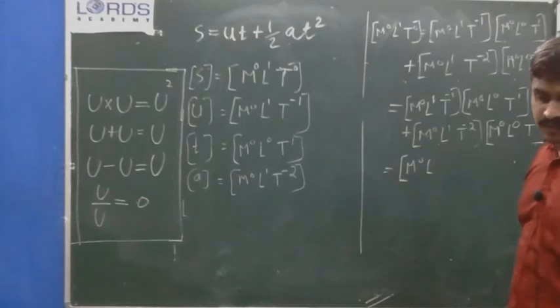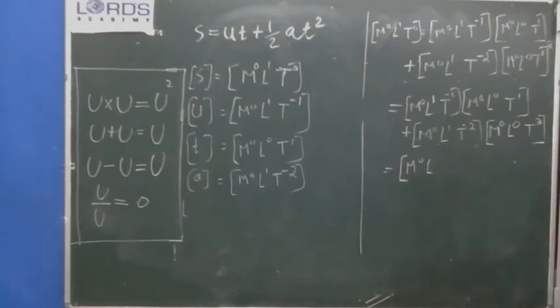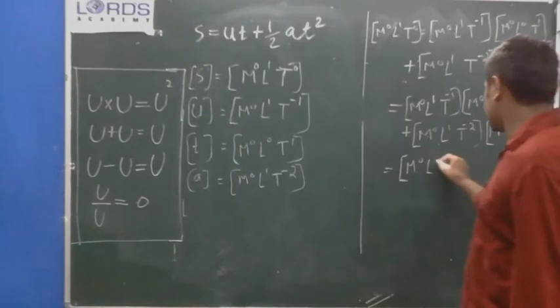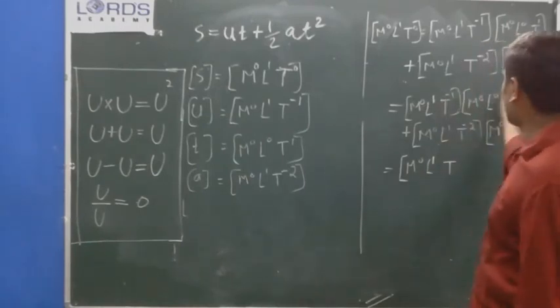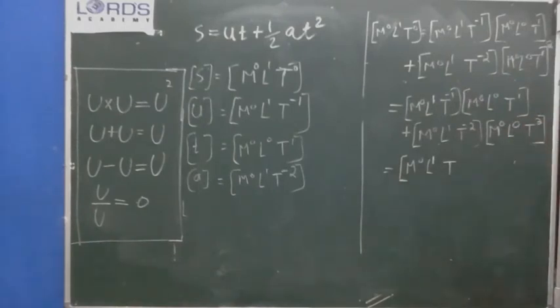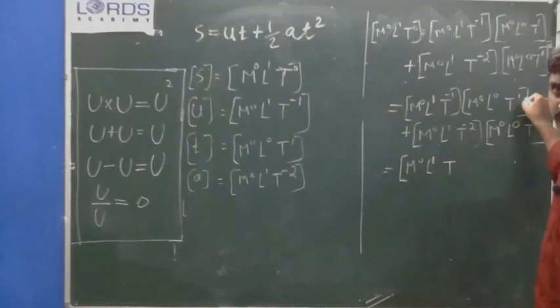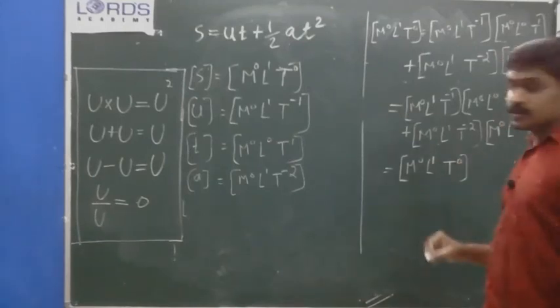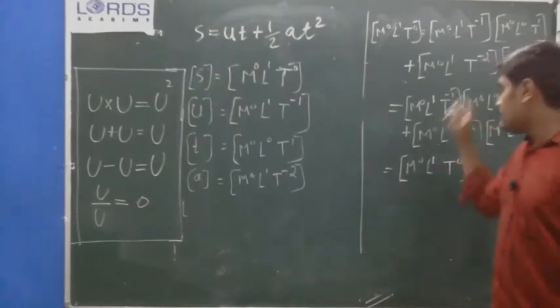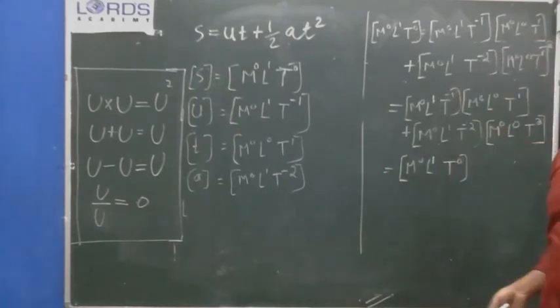Stephen, if you want to multiply powers, just add the powers. So what's the result here? L raised to 1, correct. Then T raised to, how to solve this one? Minus 1 plus 1. So what is the result? 0. Okay students, this is common, I am saying to all: when we want to multiply the powers, just add them.